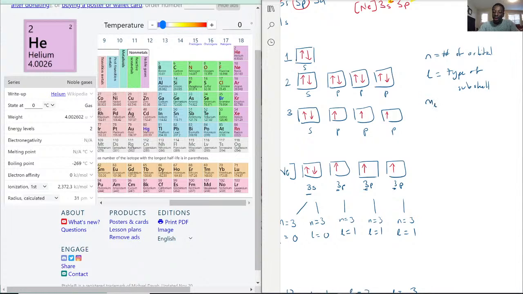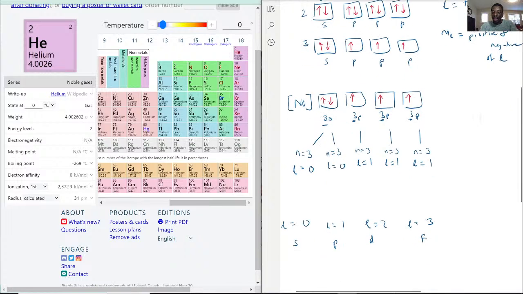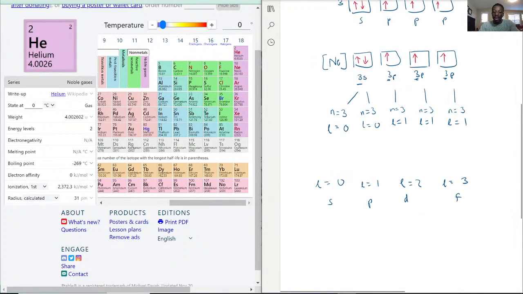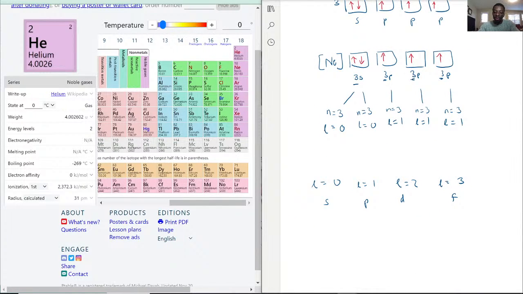Now ml is the possible combinations. Instead of putting that, which can be a little bit abstract, it's going to be positive and negative of L. So in this case, because L is 0, ml is also going to be 0, because positive and negative of 0 is just 0.